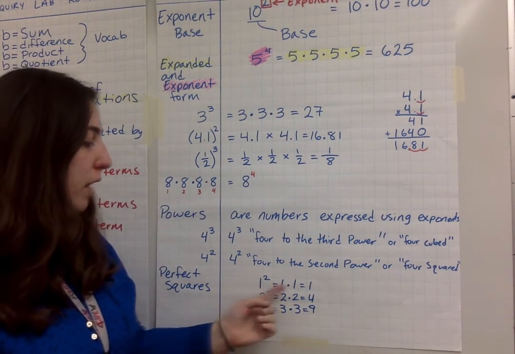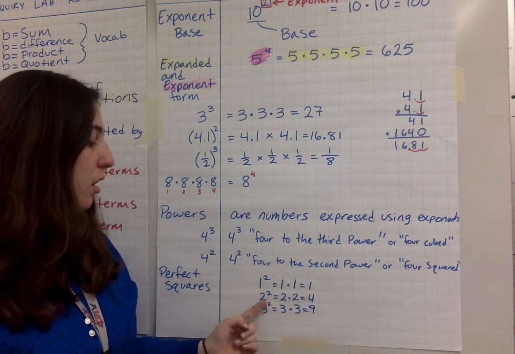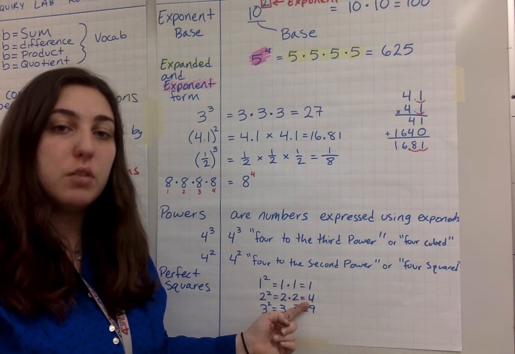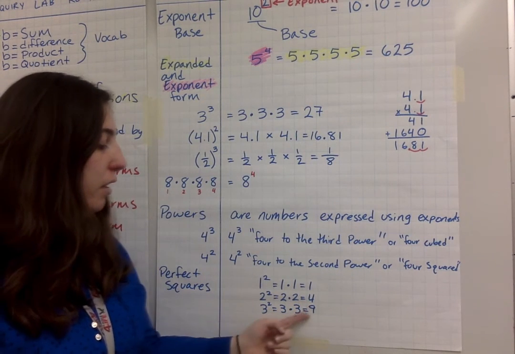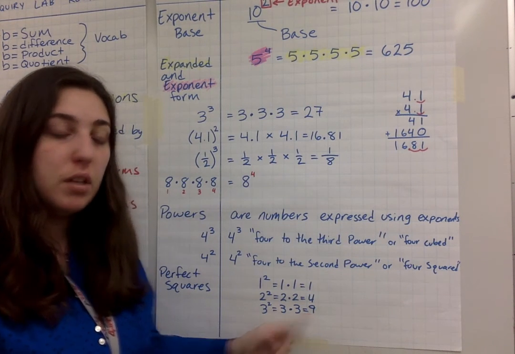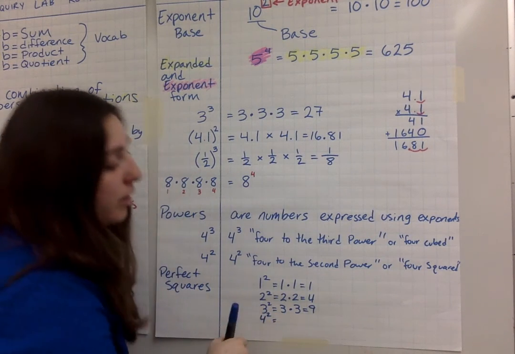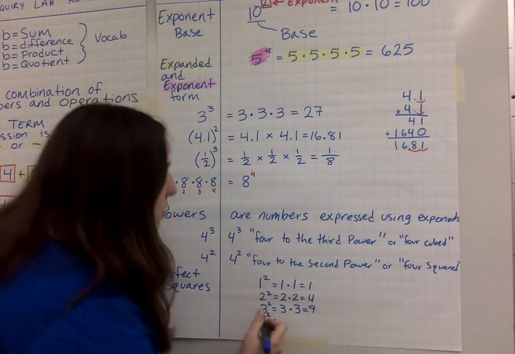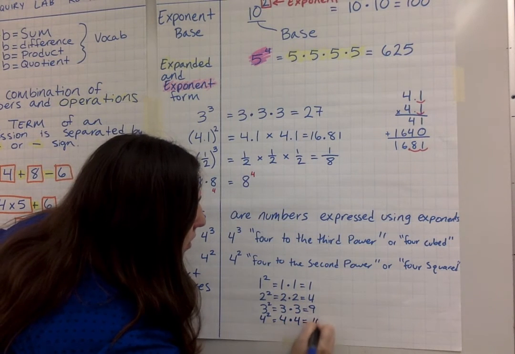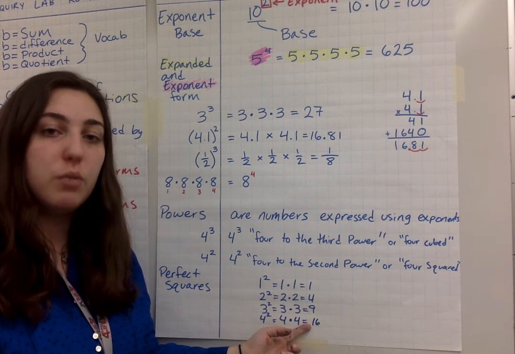Okay, so 1 squared equals 1, and 1 is a perfect square. 2 squared is 4, and 4 we call a perfect square. 3 squared equals 9, and 9 we call a perfect square. Okay, so in a common theme, 4 squared, you could go on and on for every single number. 4 squared is 4 times 4, which equals 16, and 16 we call a perfect square.